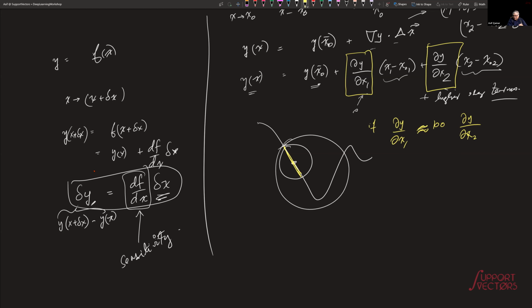So for example, suppose X1 is the amount of food you eat and X2 is the amount of exercise you do. And you're asking which will more affect the weight of a person? Today we know that eating has almost 10 times, or 8 times, the impact of exercise.